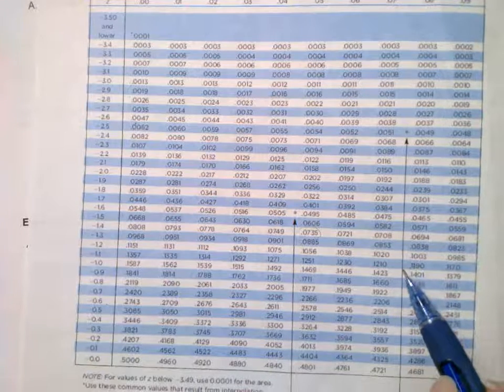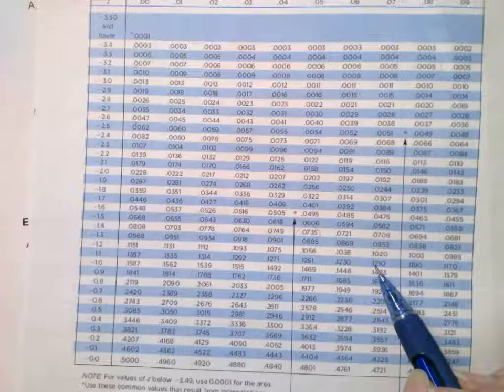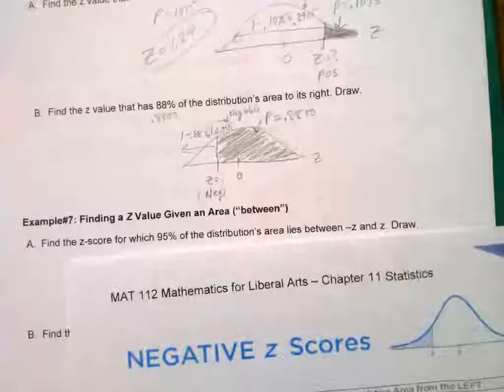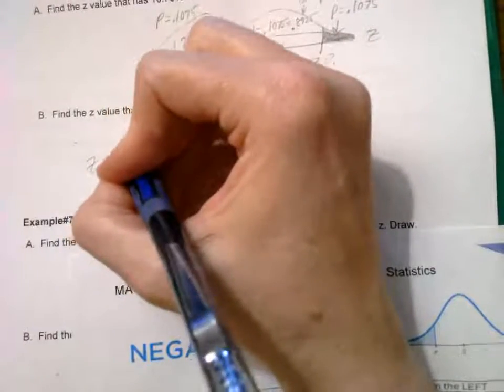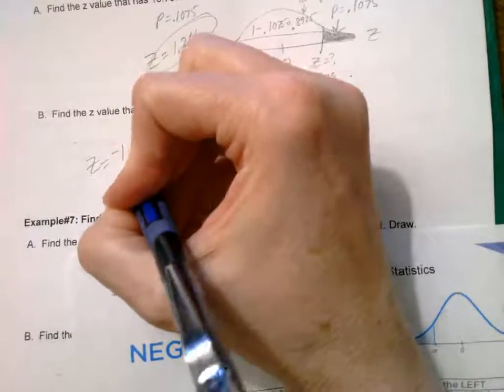Really smack in between here. So this is negative 1.175, so make it negative 1.18.